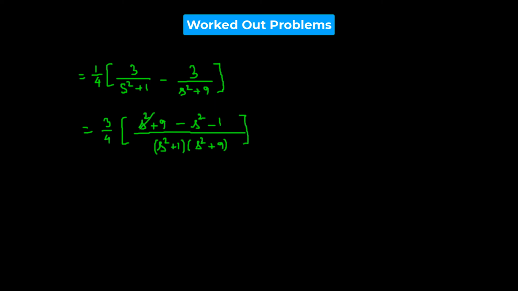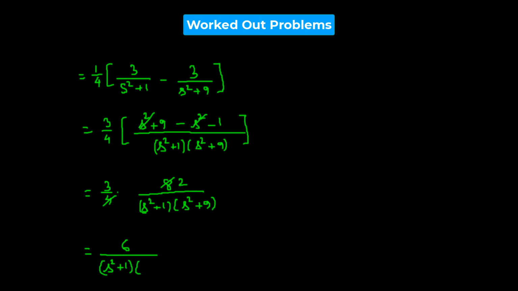So s squared and s squared get cancelled, and we have 3 over 4 multiplied by 9 minus 1, so that's 8 in the numerator, divided by (s squared plus 1)(s squared plus 9). So 4 times 2 is 8, and therefore we get 3 times 2, which is 6. So we have 6 divided by (s squared plus 1)(s squared plus 9).